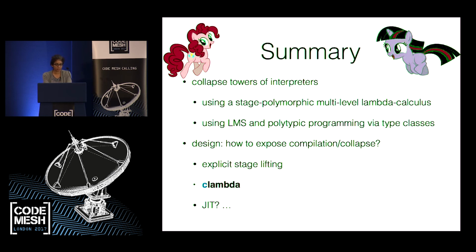Then one design question is how much of this compilation process to expose. I've shown one extreme where you have explicit stage lifting in Pink, and another middle ground with the C lambda, where you abstract over the details of staging. You could go to the other extreme and think of using a technology like this in a completely automatic fashion in a JIT, for example, where the JIT would be able to detect that you could do some collapsing of towers of interpreters.